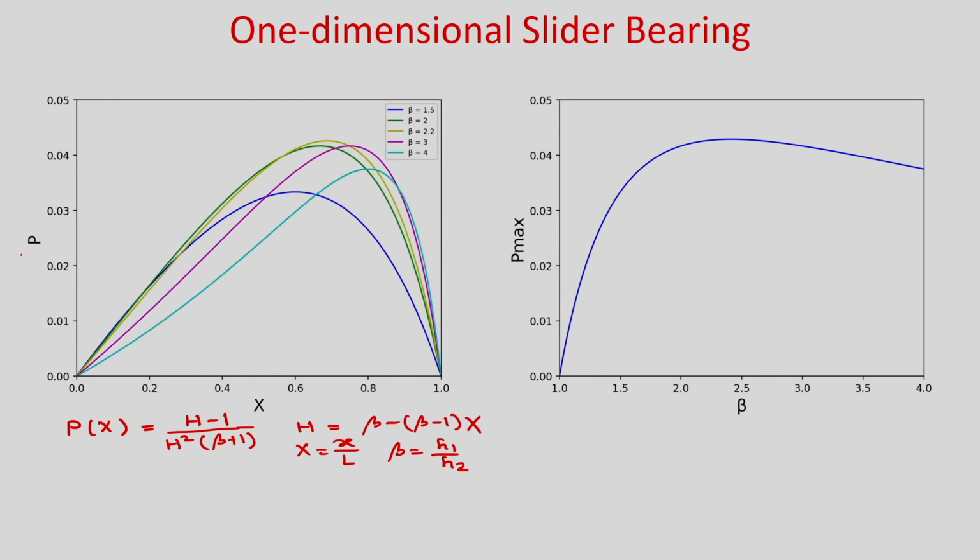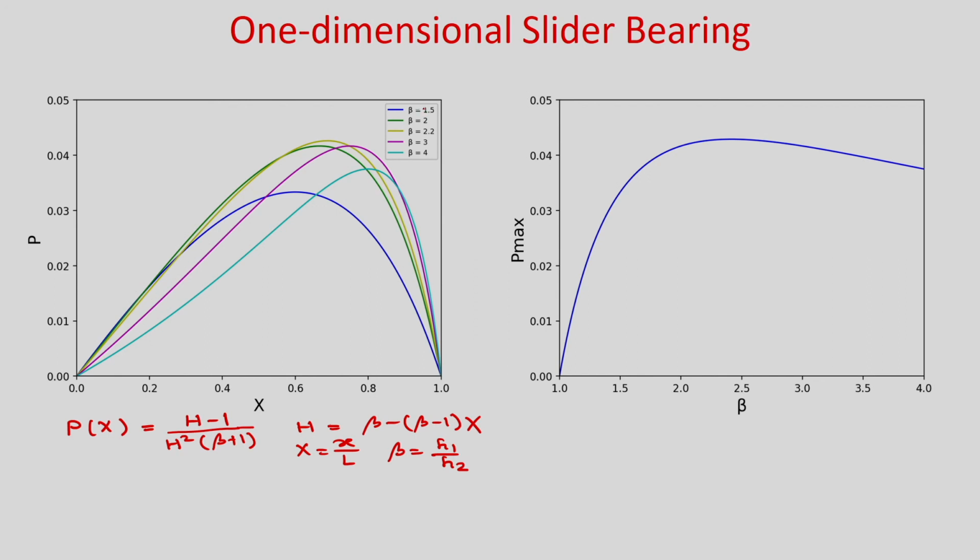So, in this figure we are showing the non-dimensional pressure difference P versus the non-dimensional x coordinate. Obviously x will vary from 0 to 1. We have plotted for different taper ratios. So, let us consider beta equal to 1.5.